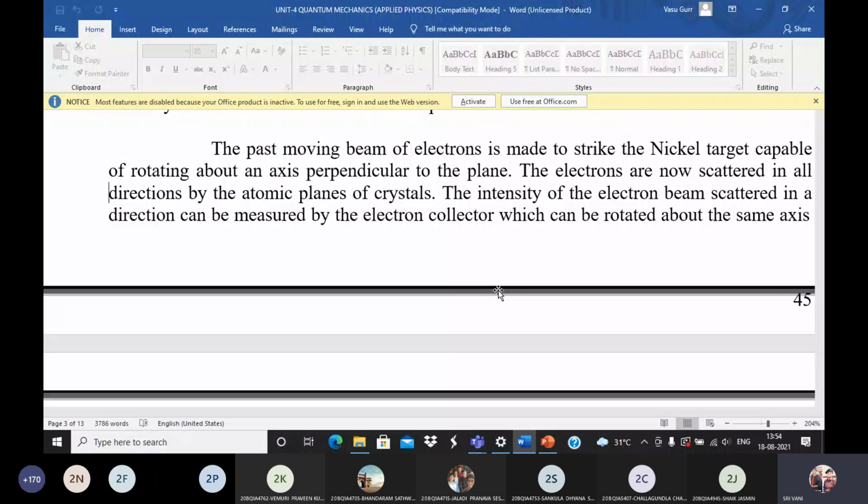All the electrons which are moving in the experiment will strike the nickel target. Here in this experiment, they have made the nickel target not fixed at a place. It will rotate about the axis which is perpendicular to the electron beam.